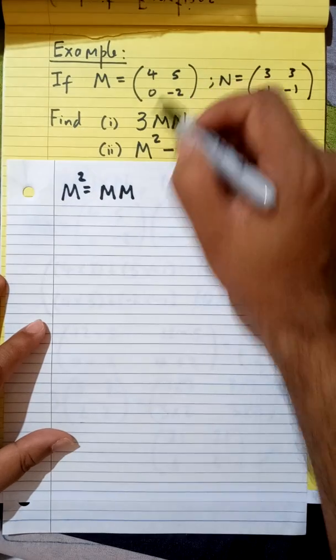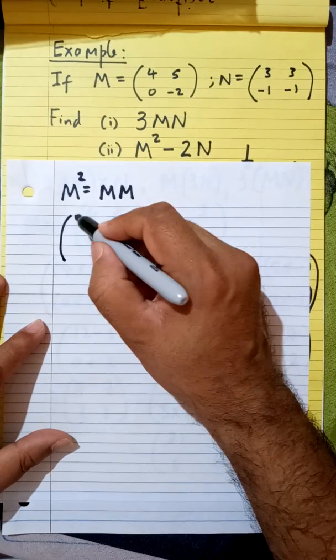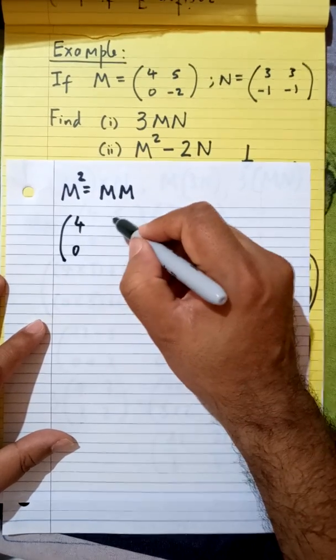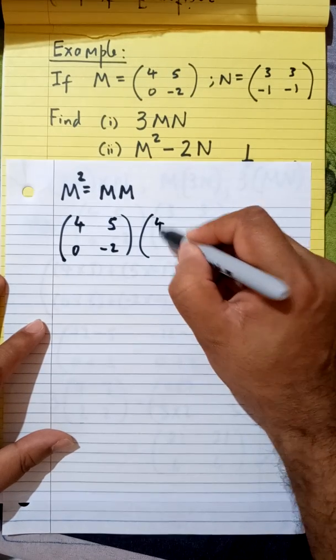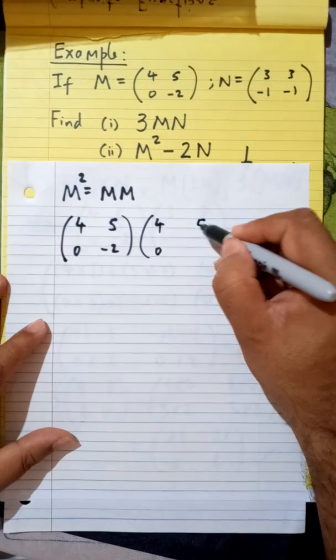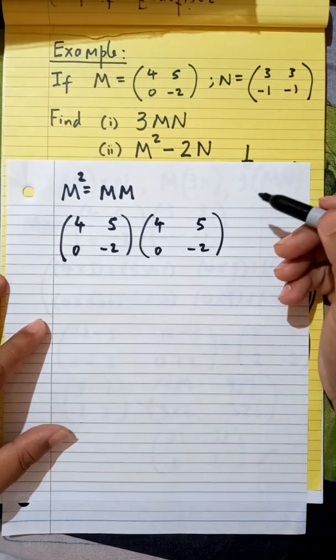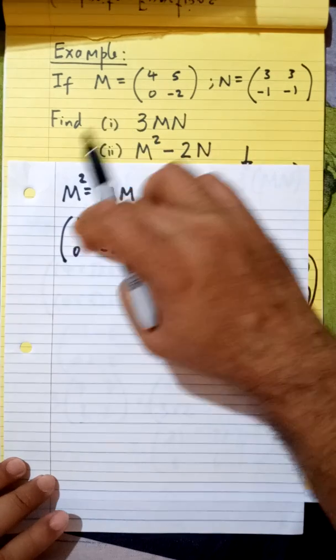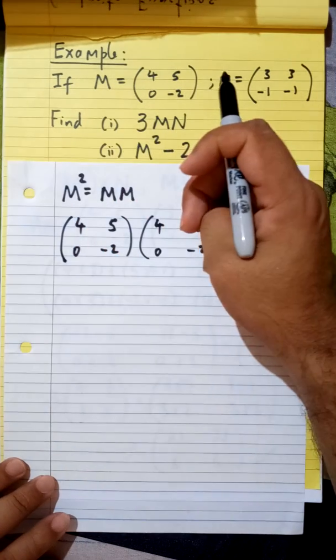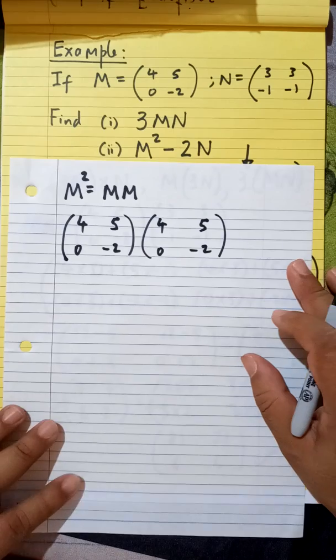And we know that m is that matrix there. So it's 4, 0, 5, negative 2. We're going to multiply it again. Some students might think that m squared means that you square every element in the matrix. That would be wrong.